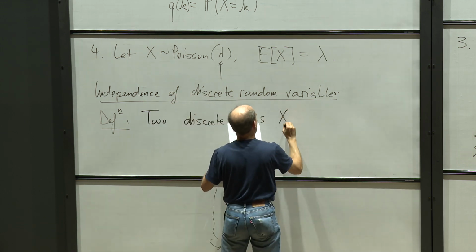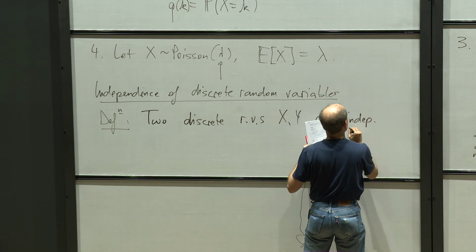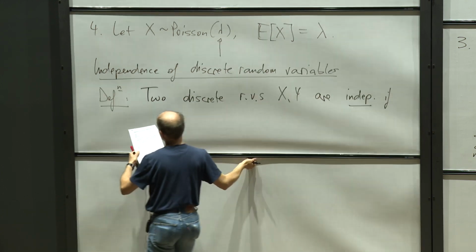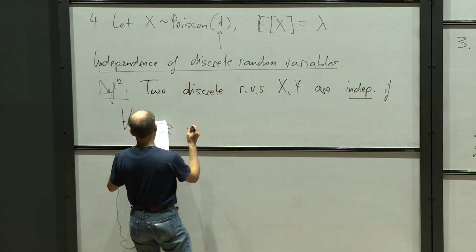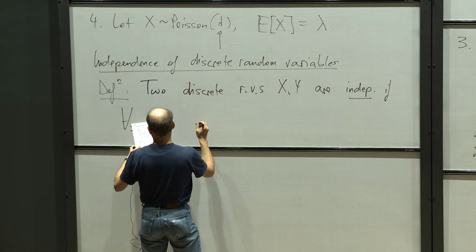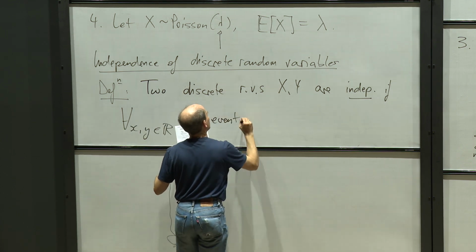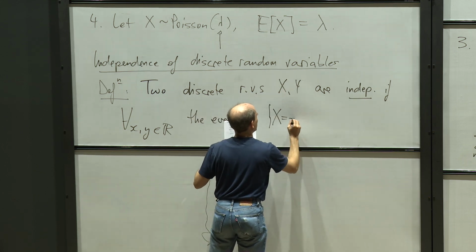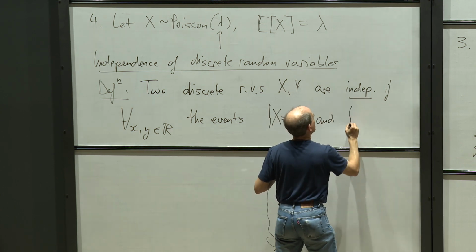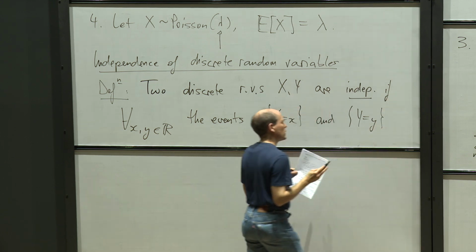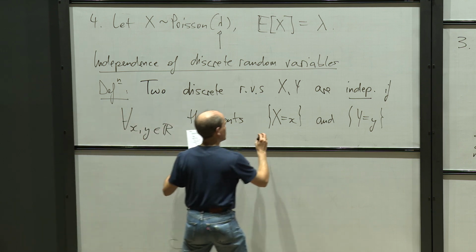Here are random variables X and Y, and we want to say that they are independent if for all x, y in R, we can say the events that we would consider as defining the probability mass function of X, and correspondingly what we would be using to define the probability mass function of Y, those events, are independent.